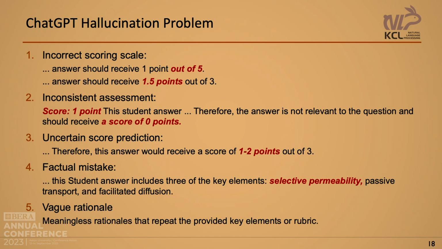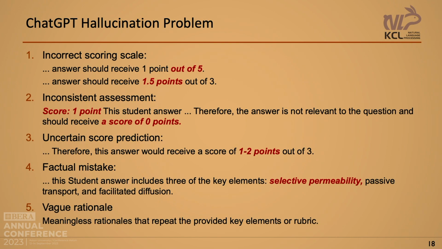Hallucination here means generated text that includes components that are not from the given input, because the student answer assessment problem is a pure inference task. This type of hallucination may come from the large language model's knowledge base, such as its training data, which is not from the input.